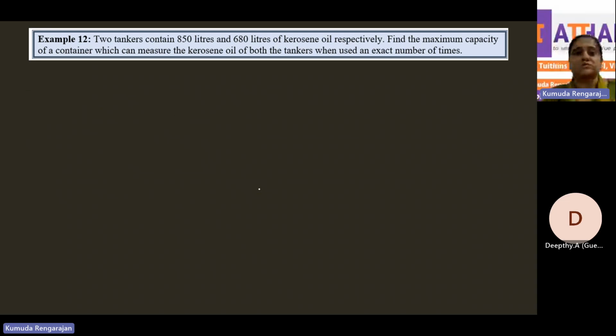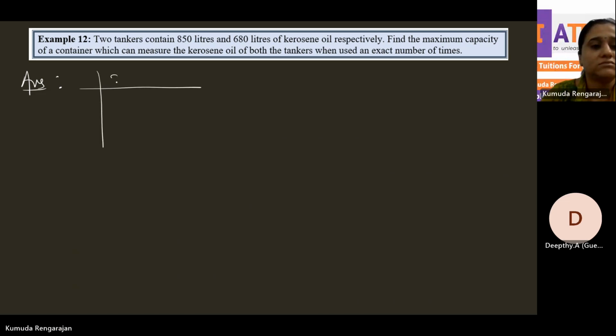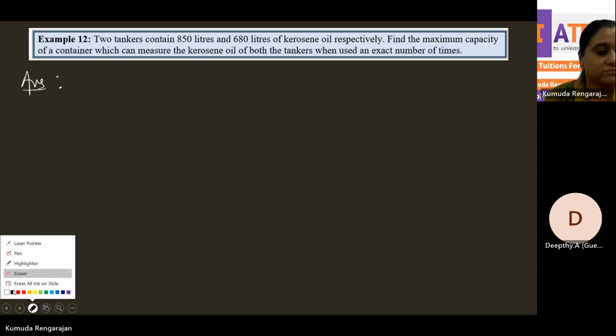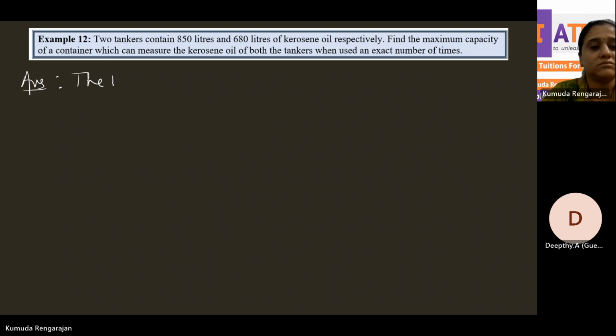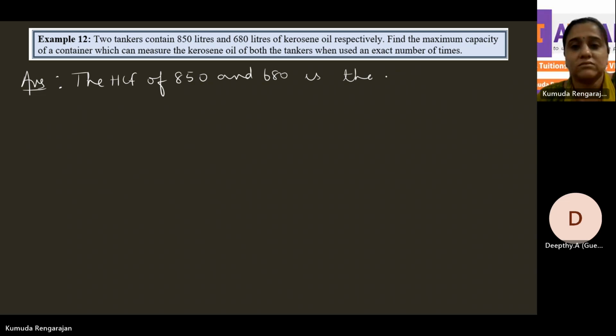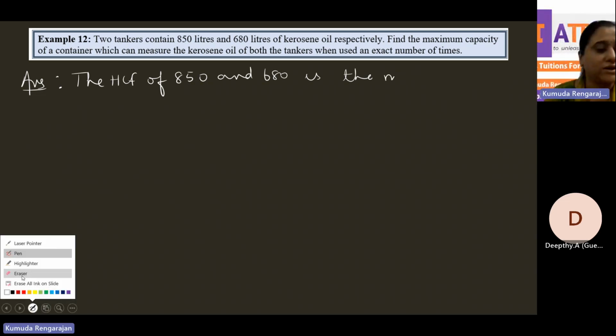Now you need to use HCF here. So let's work out the HCF of the two numbers. All right, so how do you find the HCF? Okay, let me find it and then write this.